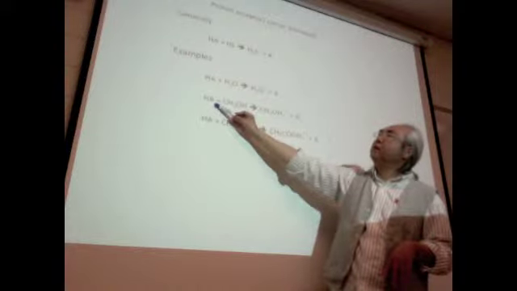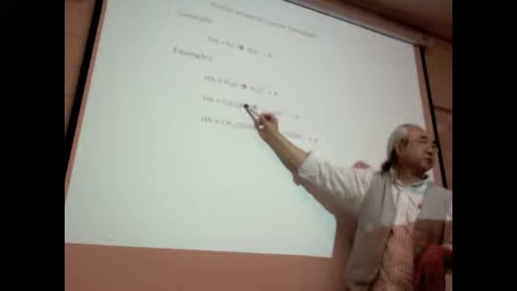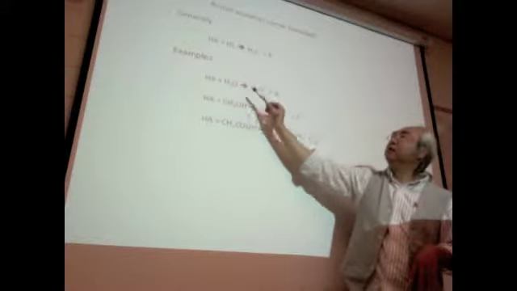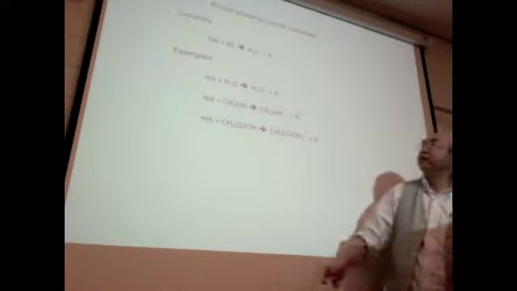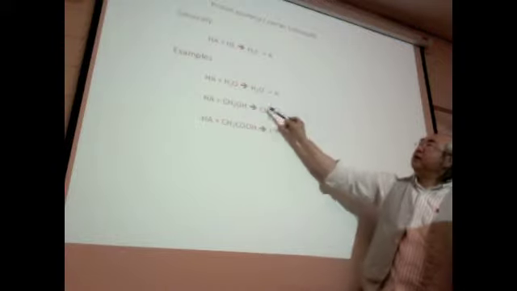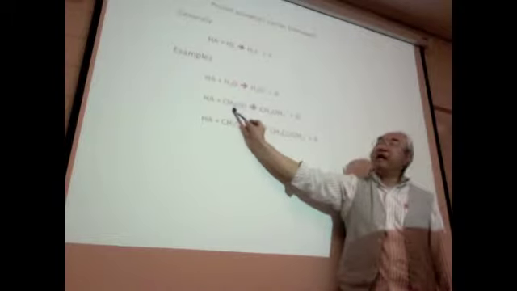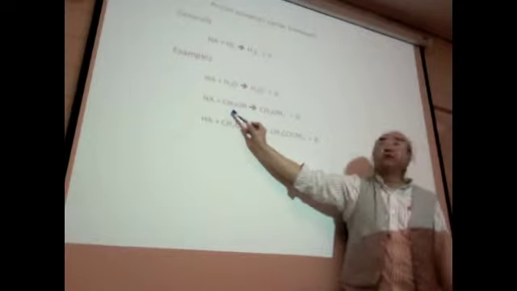Now what about a weak acid added into a different solvent? H2O is the most familiar, but what about changing to methanol? Methanol, look at this as a carrier for proton, right?